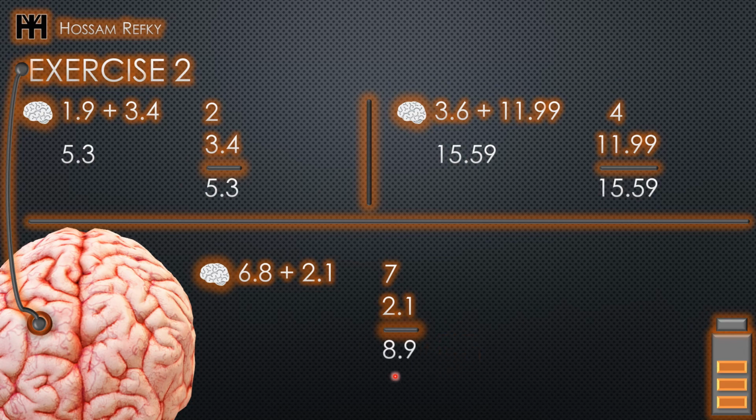So we have 9.1 minus 0.2, it will be 8.9. So you see, if we add them normally, it will be easier: 6 plus 2 is 8, and 8 plus 1 is 9. There was no need to use compensation here. So remember, only use compensation when it will make it easier for you.